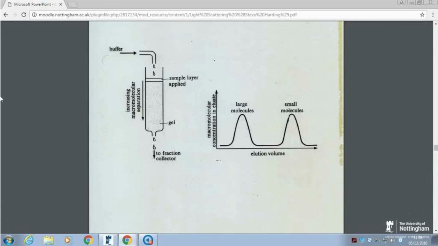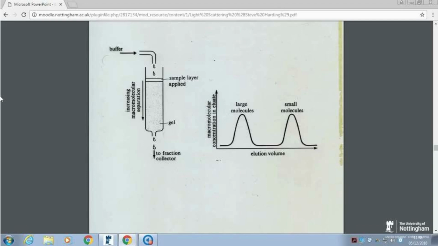So if you're trying to work out the molecular weight of a globular protein, then you would use globular protein standards, because the separation on the column depends not only on molecular weight but also on the shapes. If you're working with polysaccharides, that's difficult because the conformations are all over the place, and you don't know what standards to use. So it's very difficult.